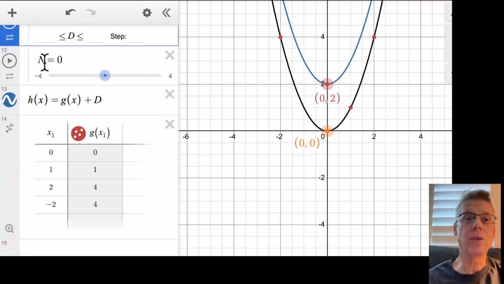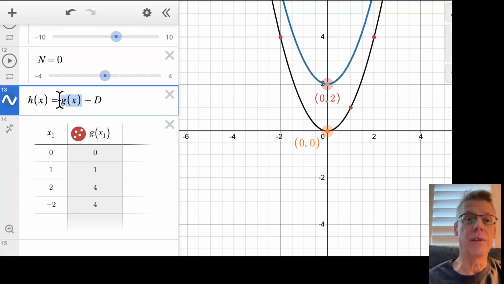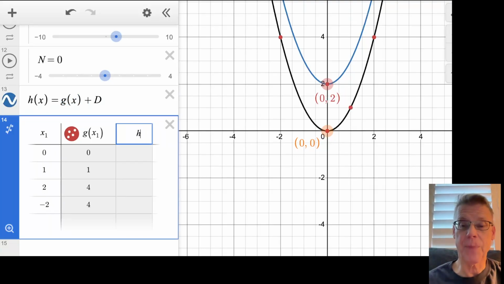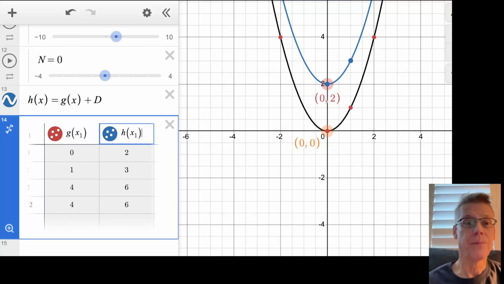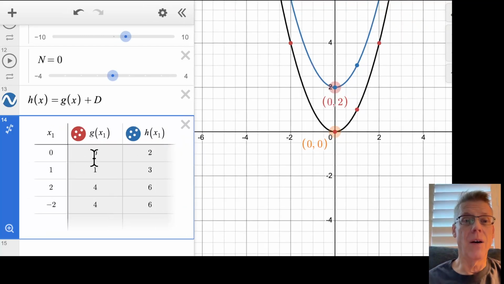But what happens when you add 2 to the outside of this function, so g of x plus, in this case, 2? When I look at the outputs for that, h of x1, every single output, in this case, when the input is 0, on the original function it was 0, because 0 squared is 0, I added 2 to that. When the output was 1 for h of x, I added 2 to that.